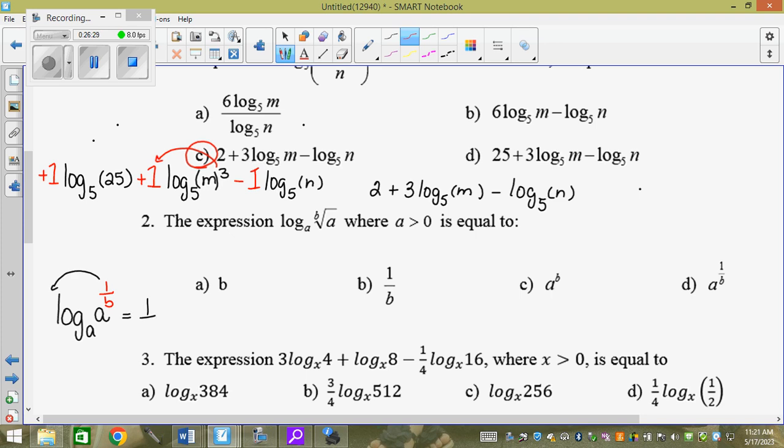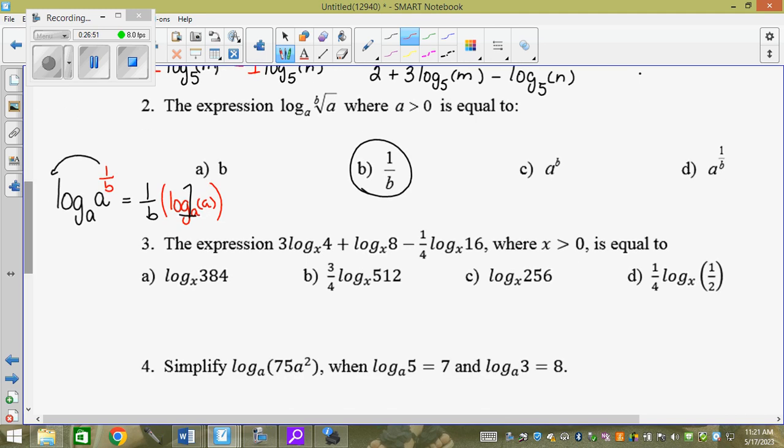So 1 over b, and then beside it is log a of a. What's log a of a just the same as? 1. So that's why you actually get 1 over b. But you can just remember the rule of log a to the 1 over b is 1 over b, right?